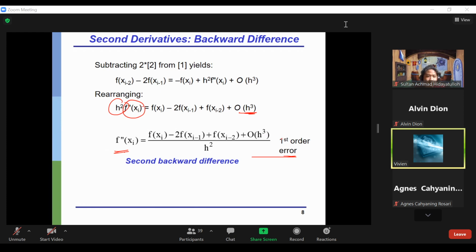So this is first order accurate to find the second derivative. This is how to calculate the second derivative using the backward scheme, because we use all points before xi, and the order of the accuracy is first order.